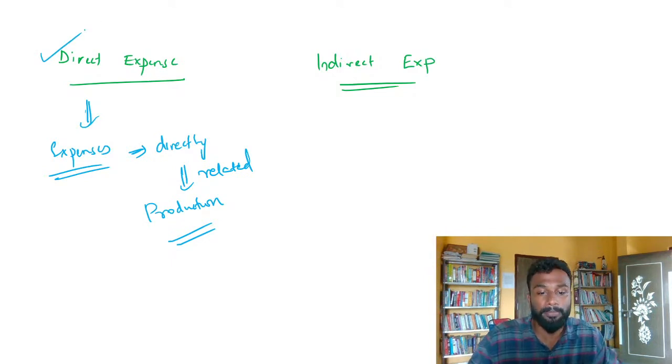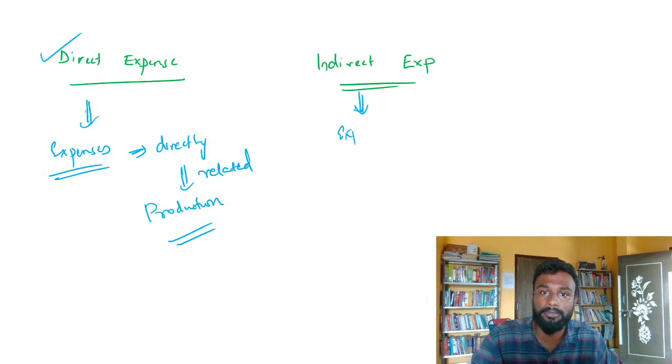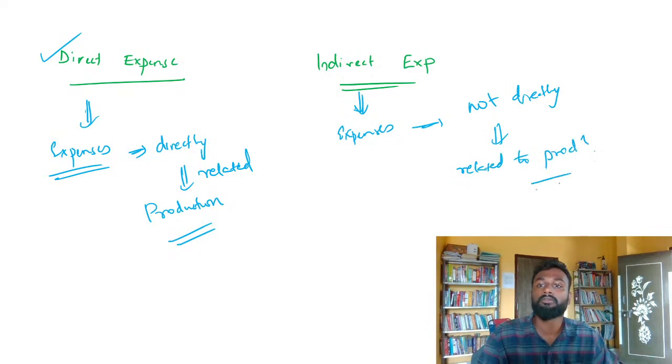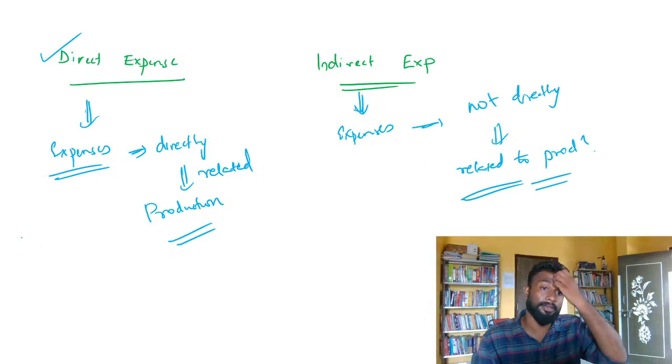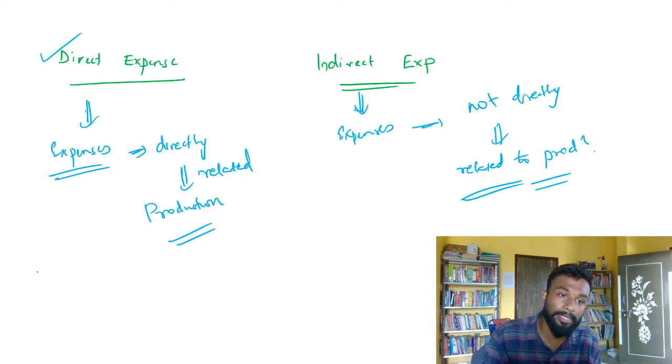What does an indirect expense speak about? Obviously, direct's opposite is indirect, so the same logic: expenses which are not directly related to production. Let us take an example to make it more clear.